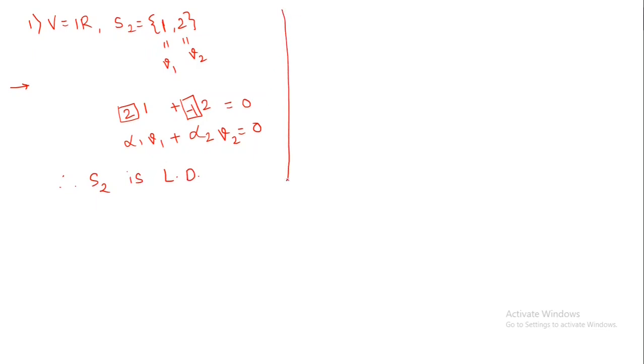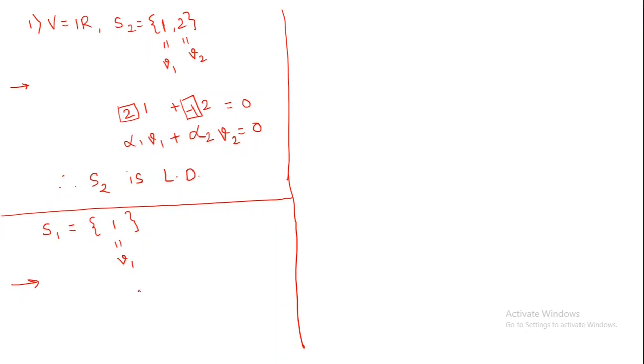Now we will go for S1. What is our S1 set? It is the singleton {1}, so our set contains only one vector, which I will call V1. I will write 1 over here, which is equal to 0, and we have to find the value of alpha 1 such that alpha 1 V1 is equal to 0.